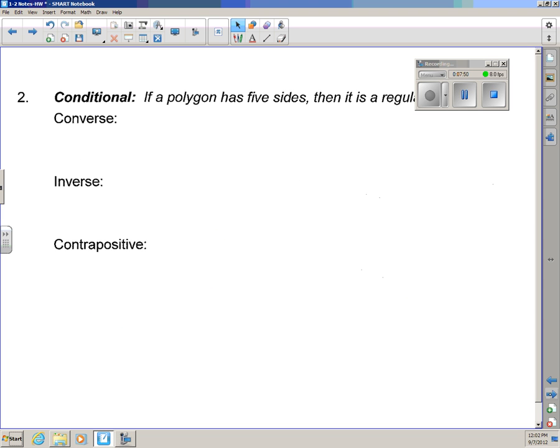Okay. If a polygon has 5 sides, then it is a regular polygon. You need to remember that regular in this case means congruent sides and congruent angles.